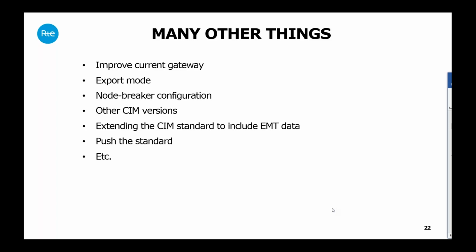For example, if you take the switch object in CIM, this class could be augmented with 2 new attributes to represent events in time domain simulation. You can add opening and closing time. It's not present in the CIM right now.